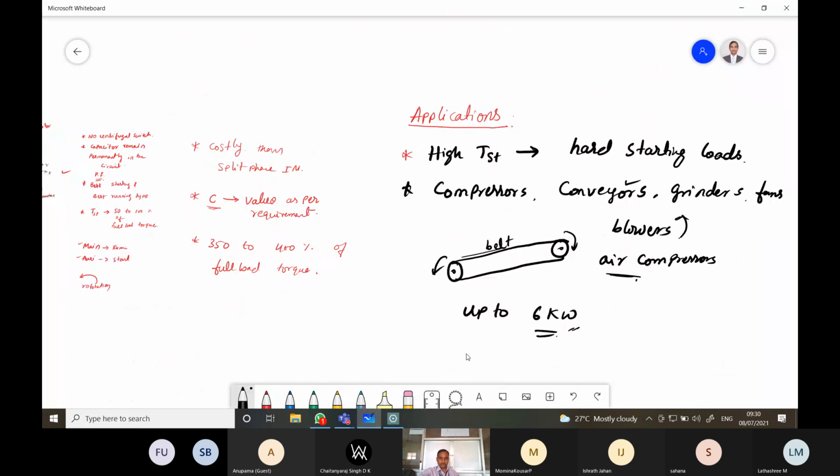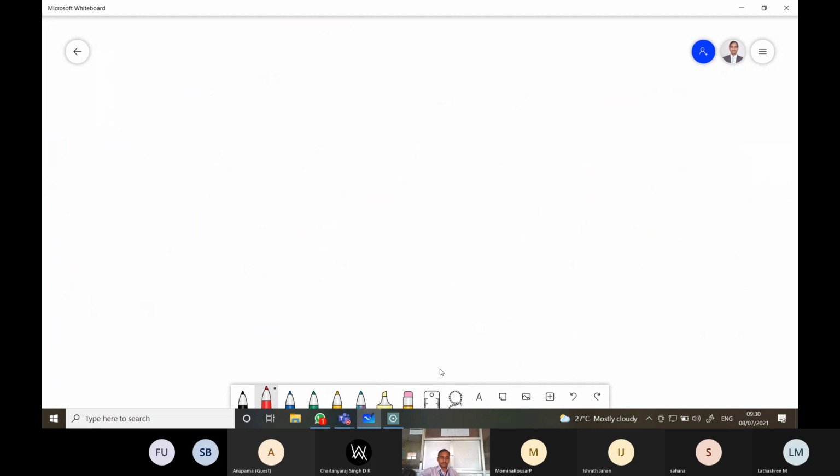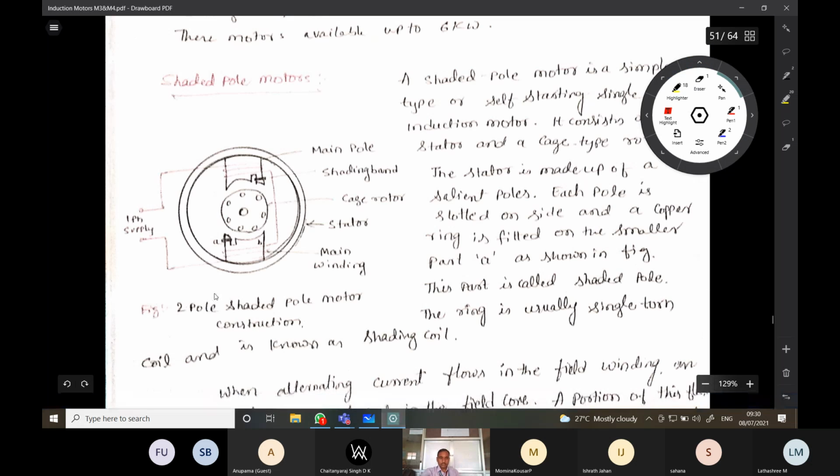Okay, I will draw a circuit here, the shaded pole motor. I will show these things.